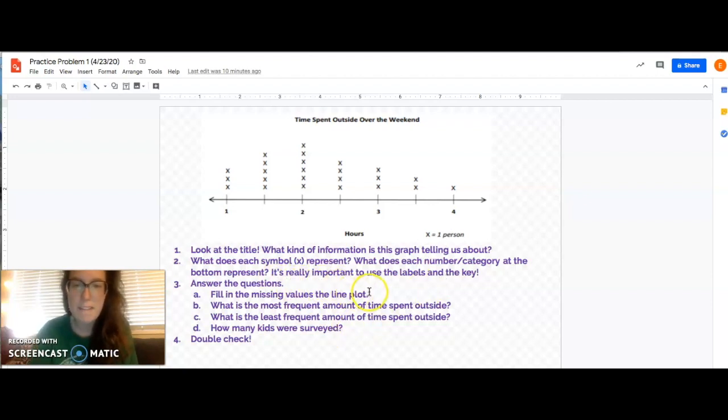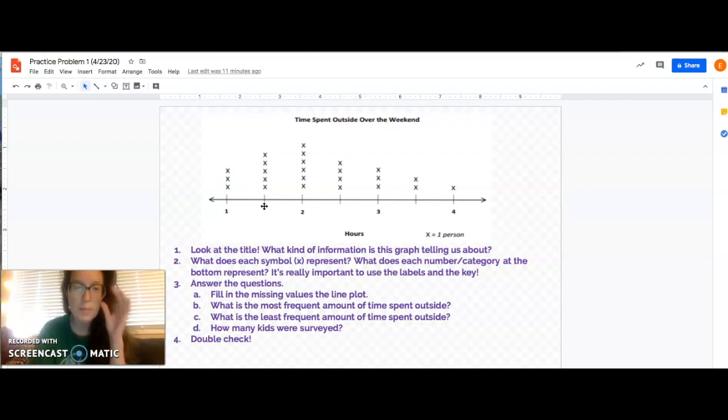Fill in the missing values in the line plot. I didn't even realize at first that there are hash marks here that have no number underneath. What comes between 1 and 2? Well, when I count by whole numbers, 1, 2, 3, 4, I don't hear anything come between 1 and 2. So I'm going to have to use my knowledge of fractions.